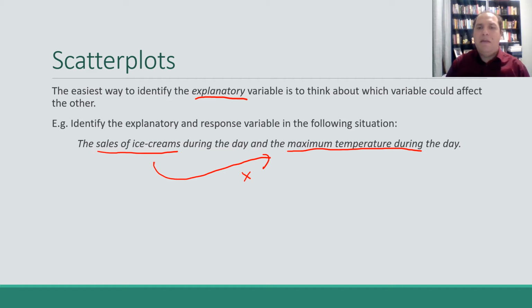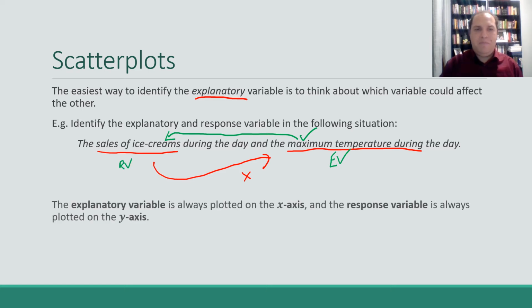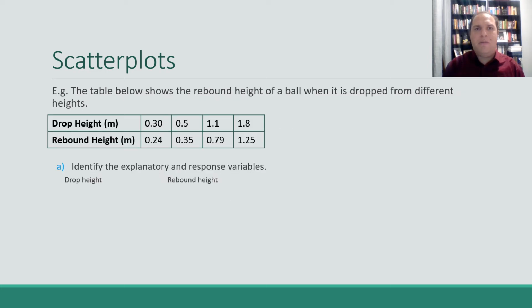However, the maximum temperature could affect the sales of ice cream. So the maximum temperature is our explanatory variable because it could affect the sales of ice cream, which is our response variable. The explanatory variable is always plotted on the x-axis, and the response variable is always plotted on the y-axis.